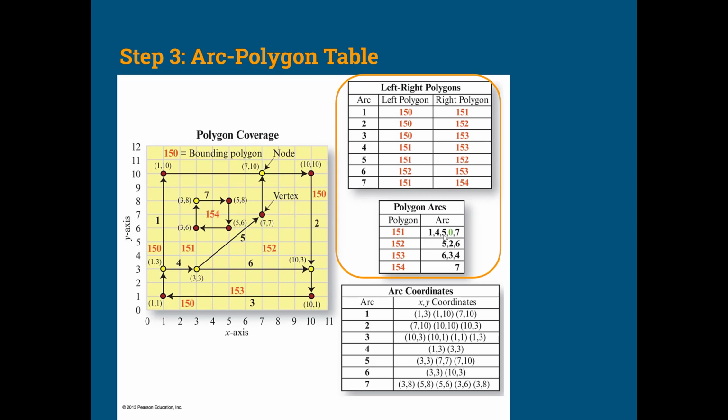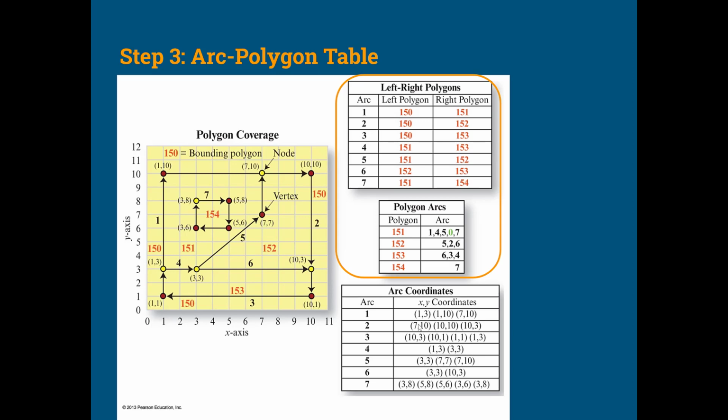So we record the arc names, and we use a 0 to identify that any arc after this 0 is an inside edge of this polygon. And then for the arcs, you can define the coordinates.